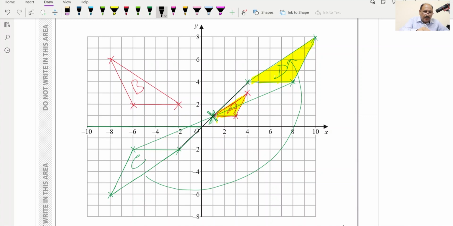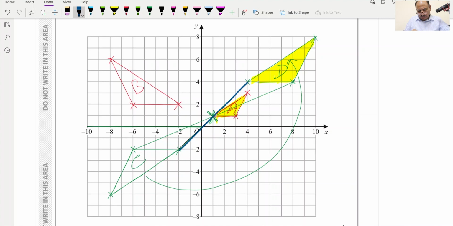From here if I draw, for example, another thicker line, I'll try to draw so that you can identify. This will be the center of enlargement, and from this side also this will be the center of enlargement. Basically we can join these points.